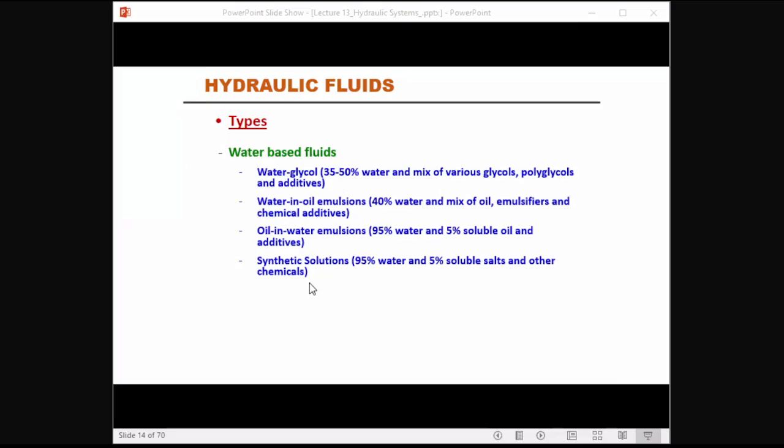Some amount of water is mixed with this fluid.